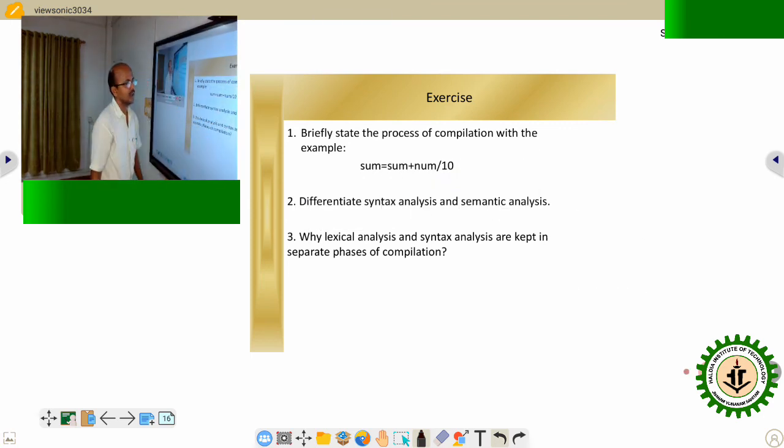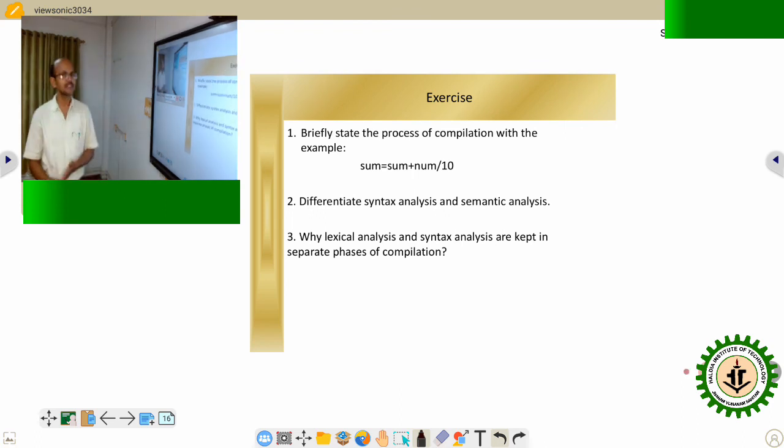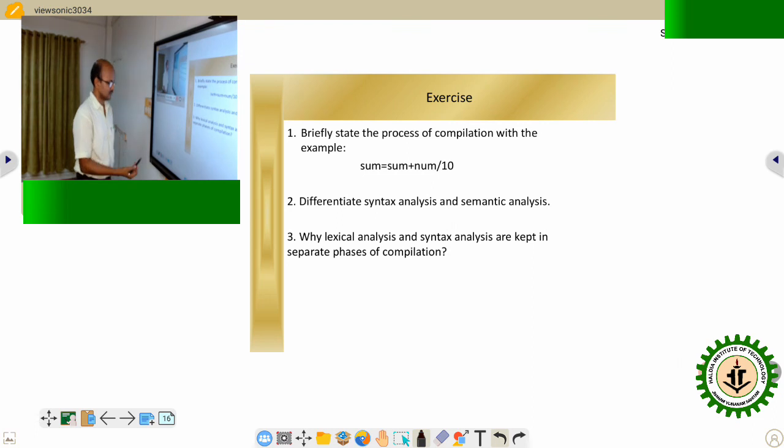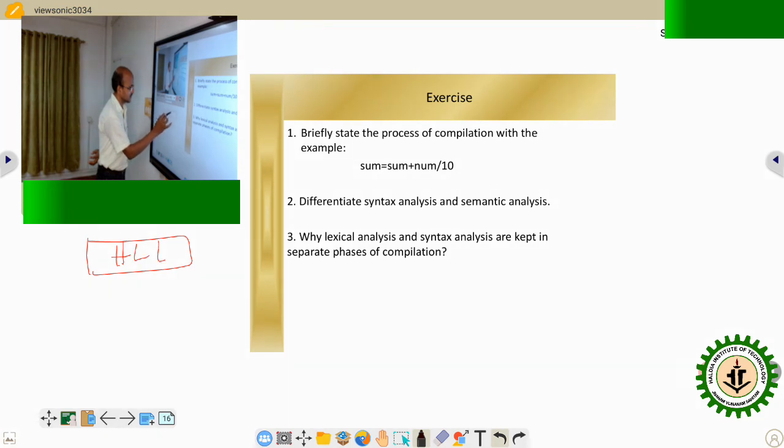We are writing in the high level language, and the machine can only recognize the machine code. So we need a transformation from high level language to machine code, and that transformation is made by the compiler or interpreter. Both are called language processors, but here we are learning the compiler.